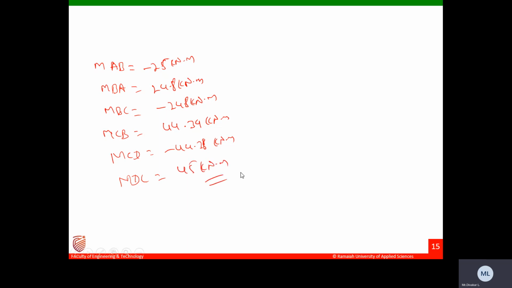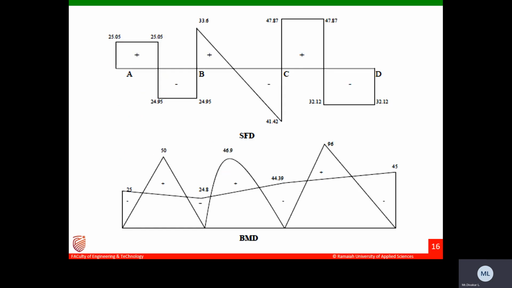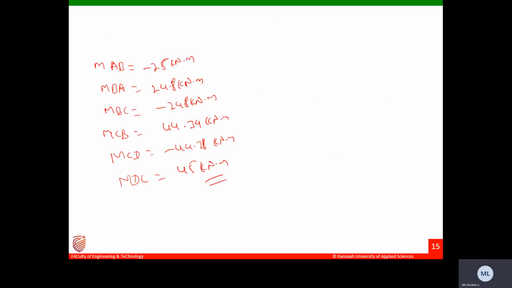So by using that I got these values, MAB, MBA, and so on. Now these are the final movements.